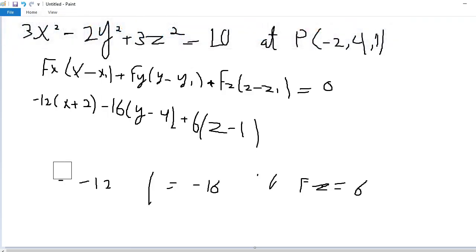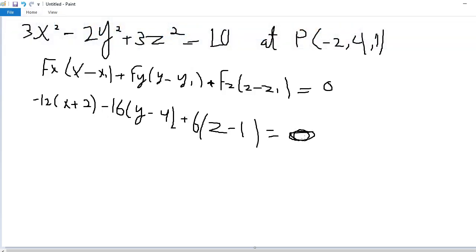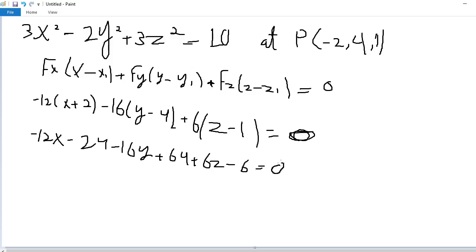So after we wrote everything we need, let's solve it right now. Let's say here it's equal to 0. So minus 12x, negative 24, negative 16y, then plus 64, this one is 4, then plus 6z, negative 6, equal to 0.